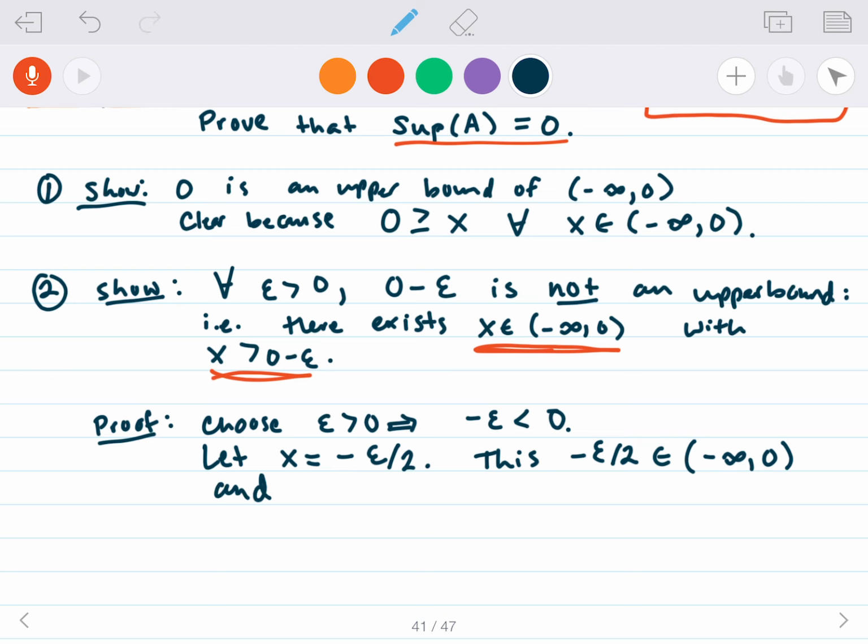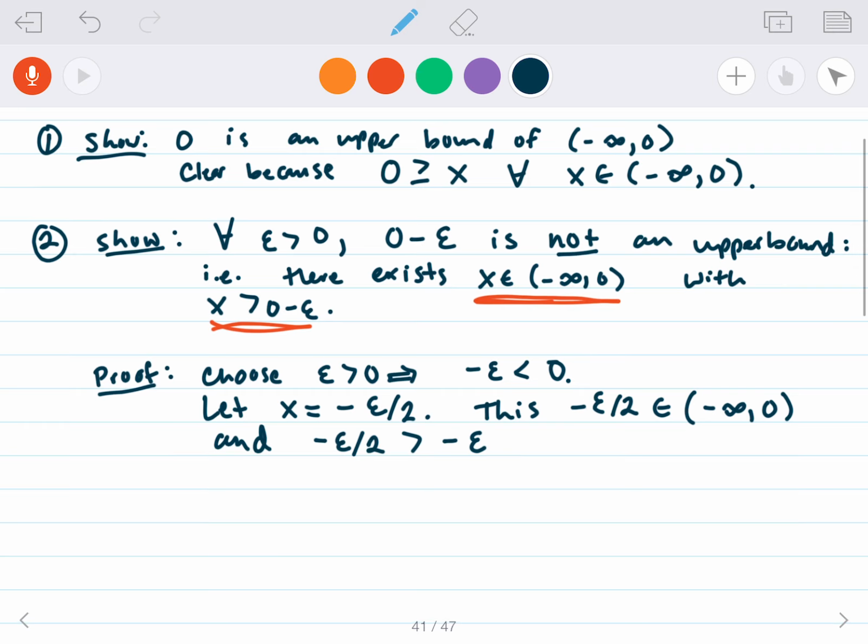And negative epsilon over 2 is greater than negative epsilon, right? Because epsilon was a positive number. So negative epsilon over 2 is going to be greater than negative epsilon. So again, here's 0, here's negative epsilon over 2, here's negative epsilon, and then all of the rest of the real numbers to the left of it.